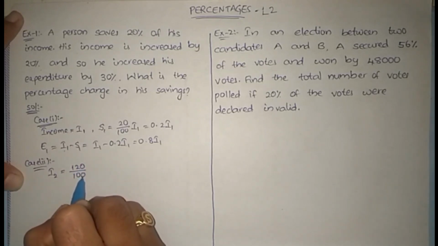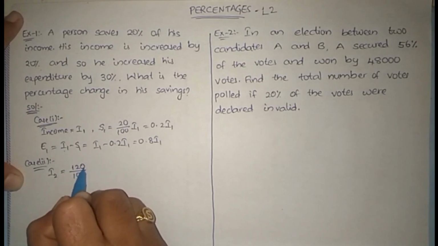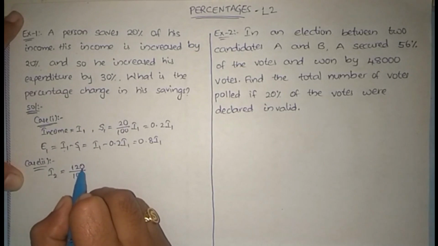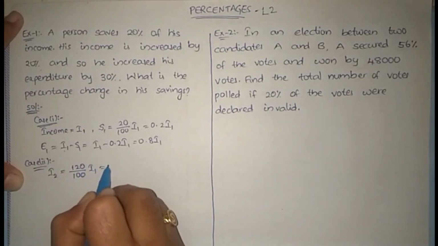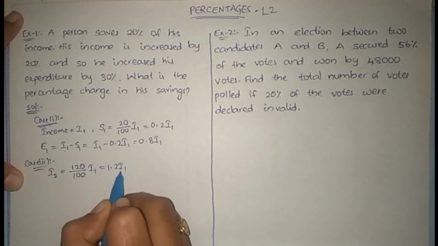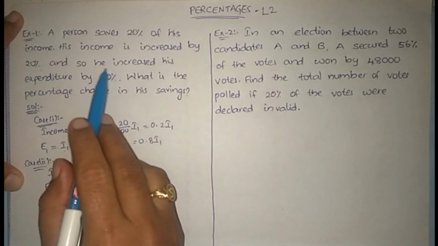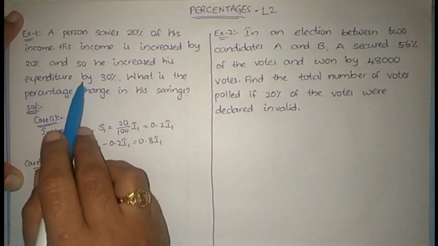For every 100 rupees, now he is getting 120 rupees. So it becomes 1.2 I1.